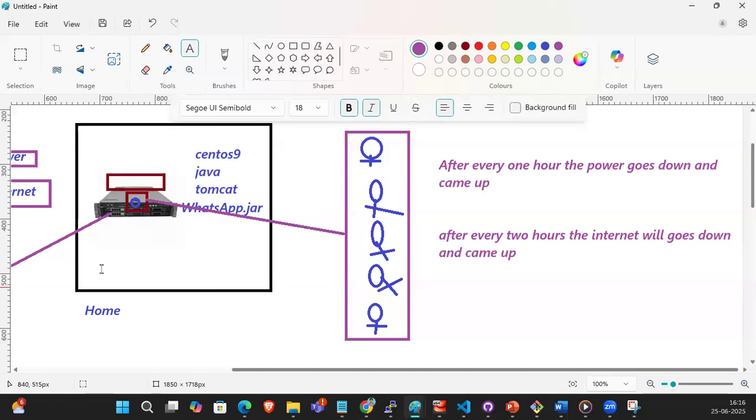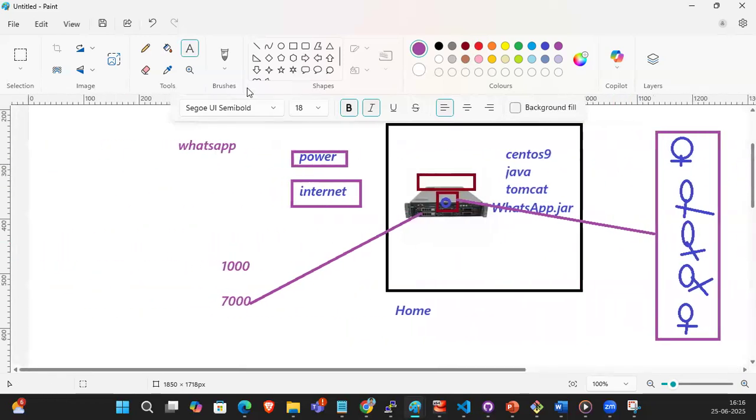No, at that time you are not able to access this website. In the same way, after every 2 hours the internet also goes down and comes up. At that time also, are you able to access this website or not? No. Right. So the people are irritated and they are removing their accounts from the website.